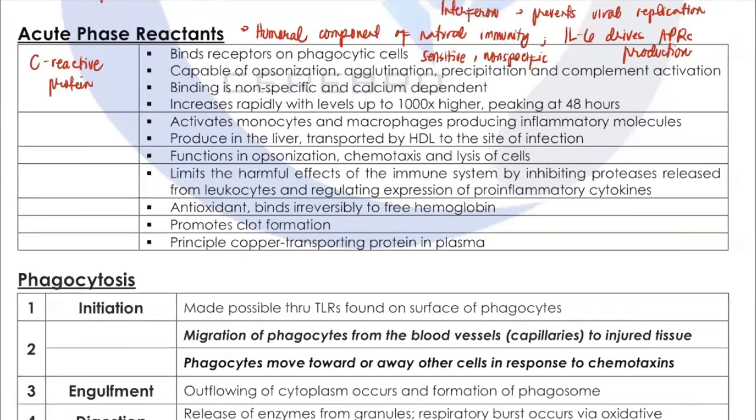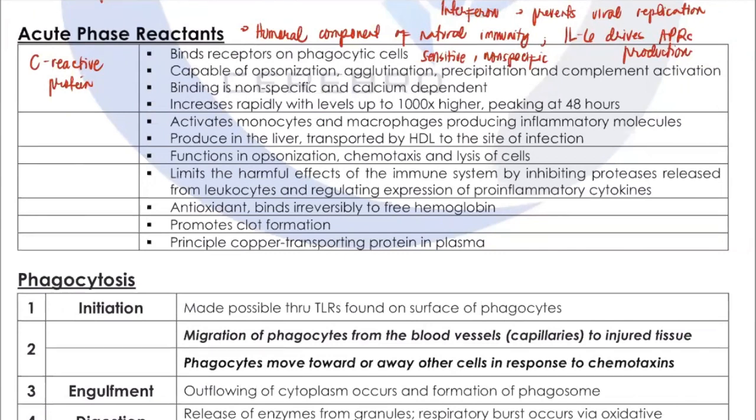Next, activates monocytes and macrophages producing inflammatory molecules. So this is another acute phase reactant that is also increasing 1,000 times. Pero medyo nahuhuli kasi siya as compared to C-reactive protein. Okay, so usually yung peak niya umaabot ng 24 hours. Yung C-reactive protein kasi, nagsa-start na siya to increase within 4 to 6 hours and nagpipeak siya within 48 hours.